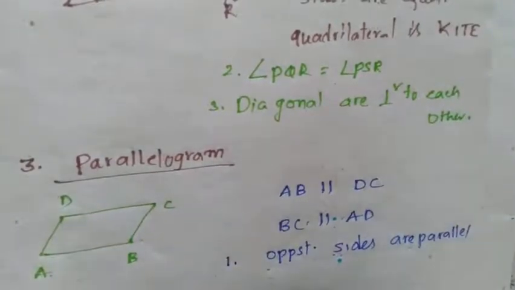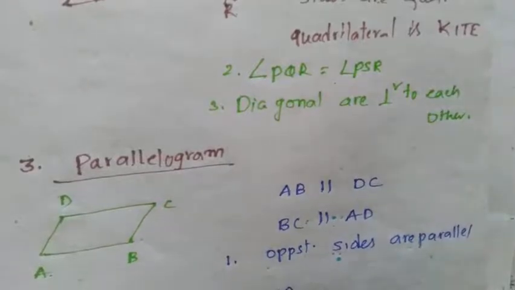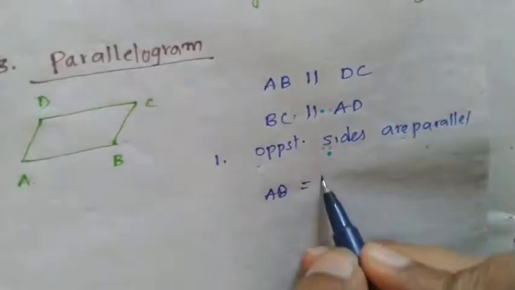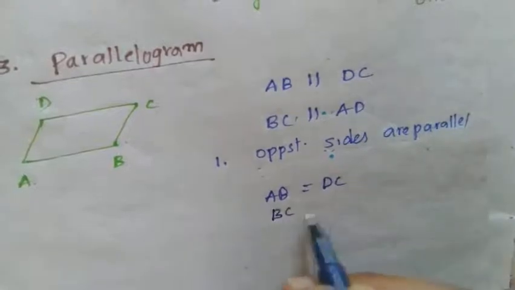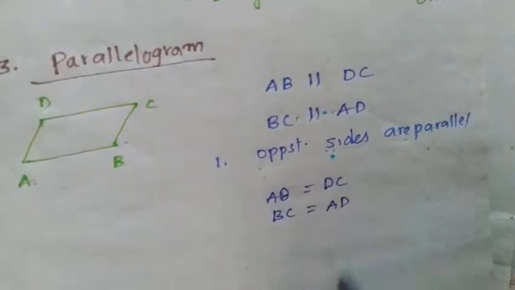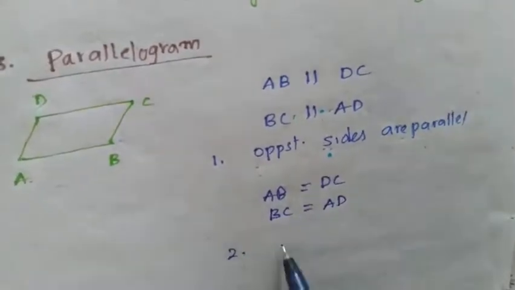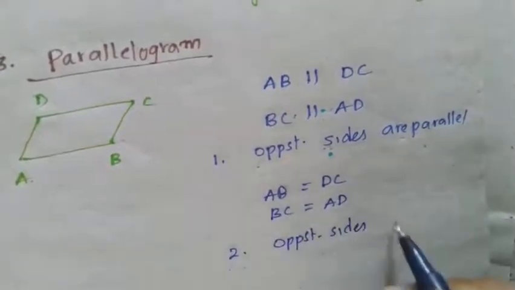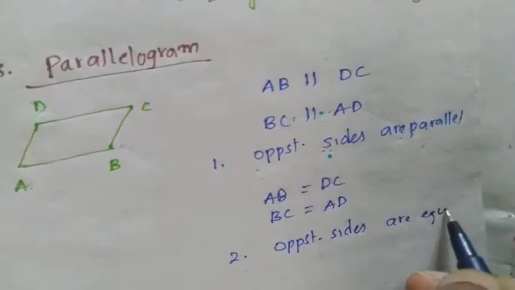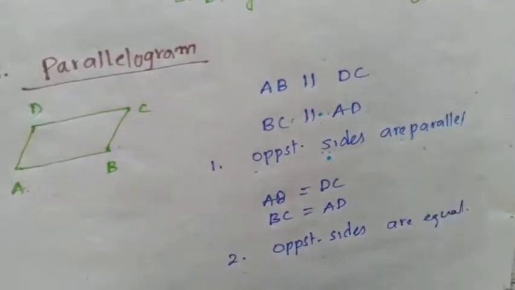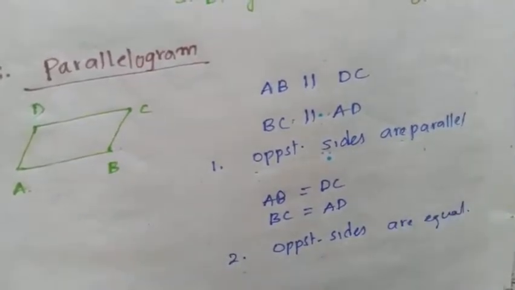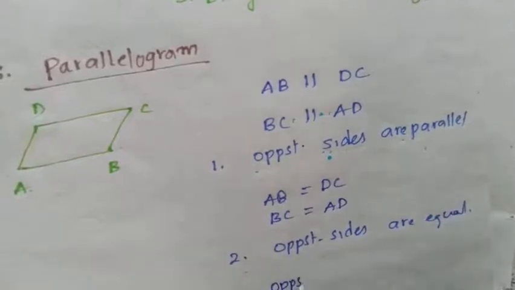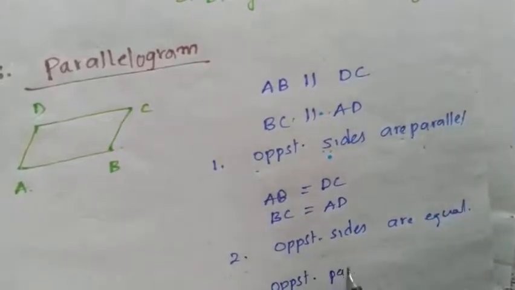As well as AB is equal to DC and BC is equal to AD. That is, opposite sides are equal in length. And not only this, opposite pair of angles are equal.